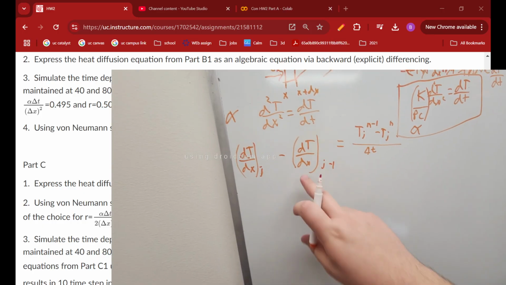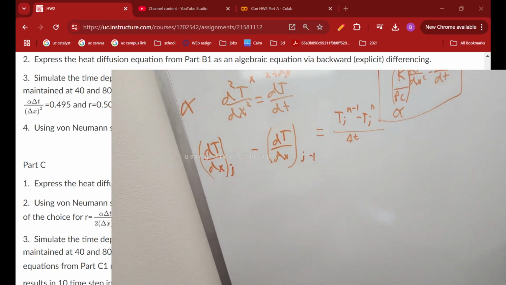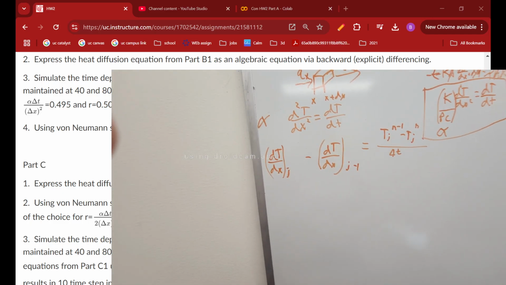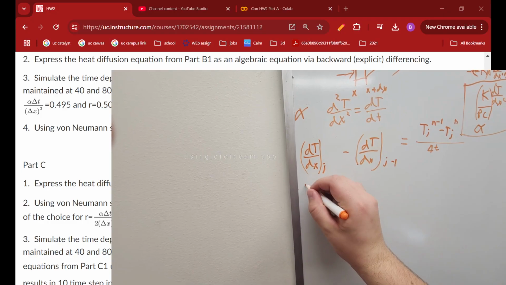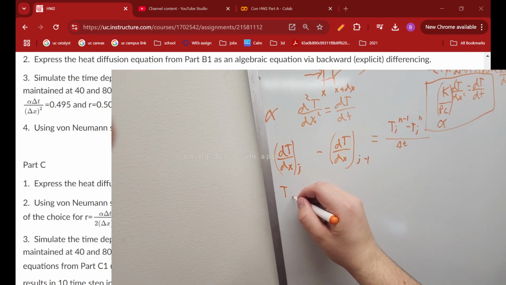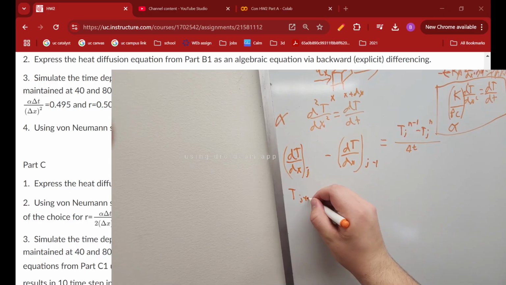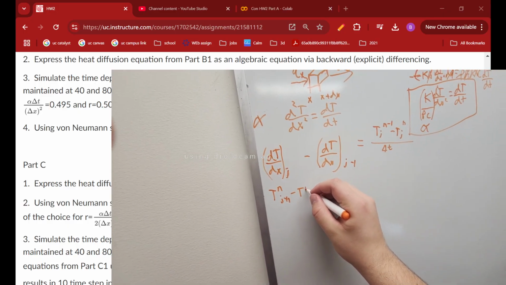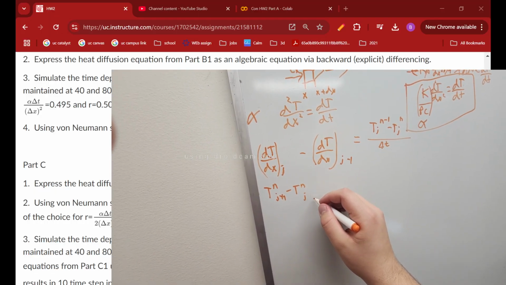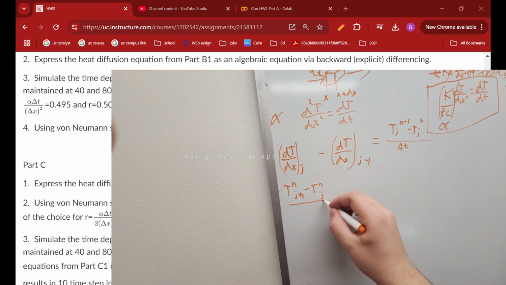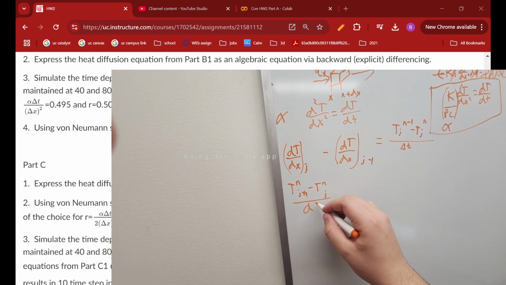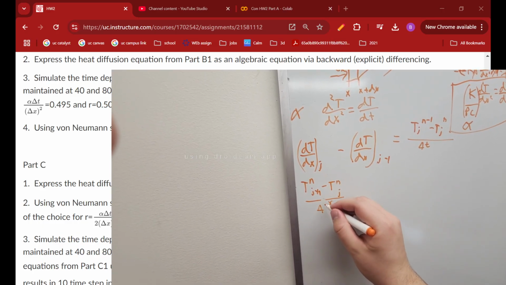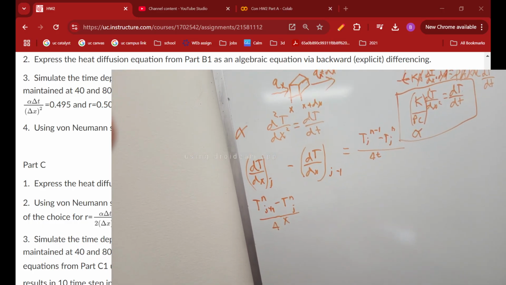So now we need to take these guys and separate them out for each one. So we'll have T of j plus 1 minus T j all over delta x there.